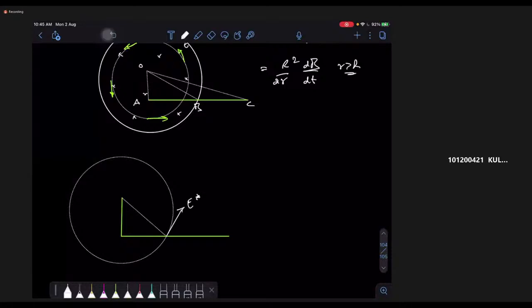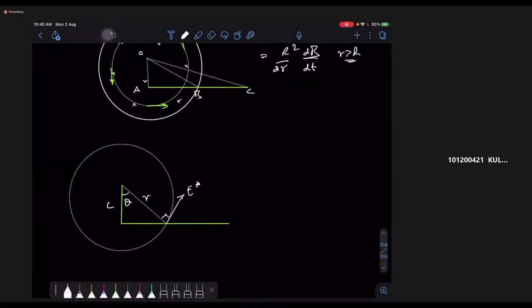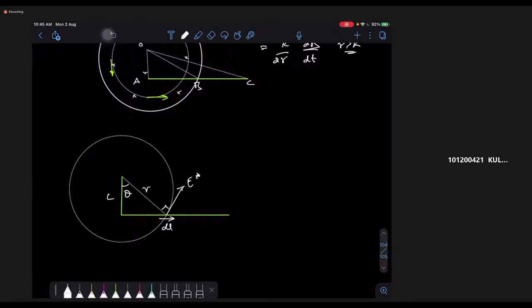That is, my E star is perpendicular to the radius, in the tangent direction. This angle is theta, let's say. This is L. So R is going to be L cos theta, right? And we have to consider this element in this direction. So this is theta. This angle is also going to be theta.